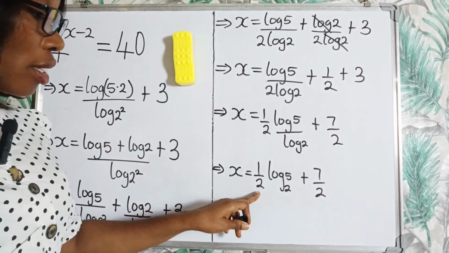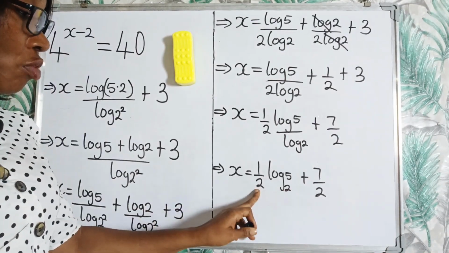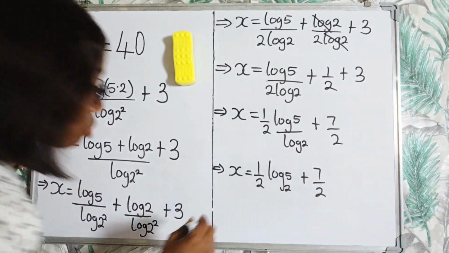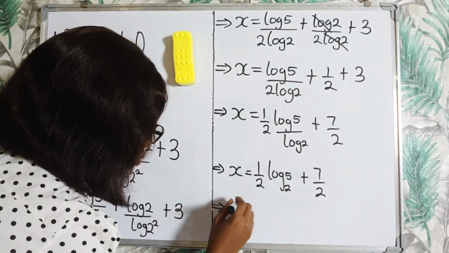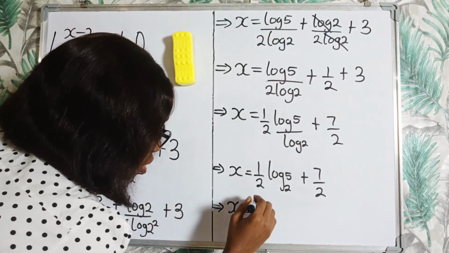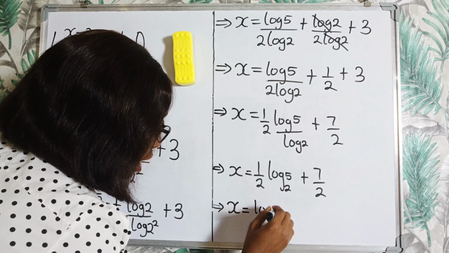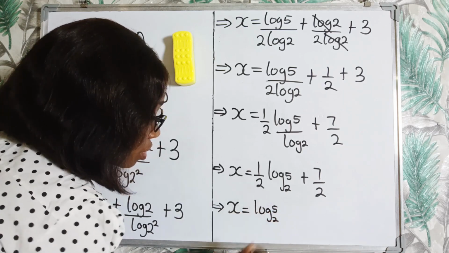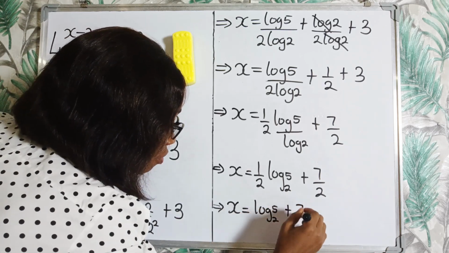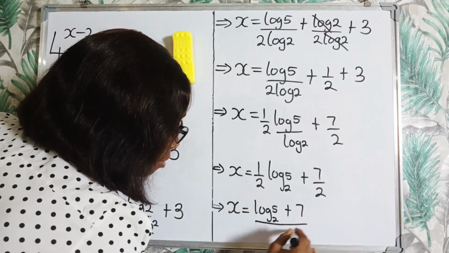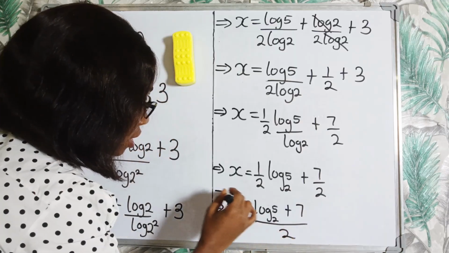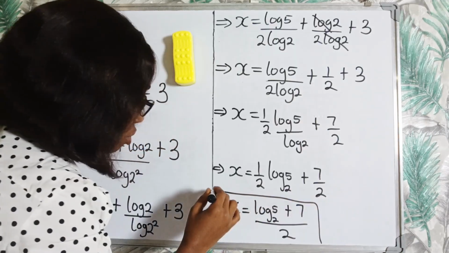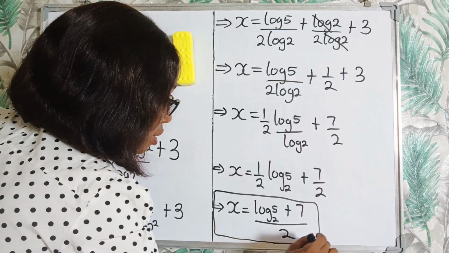Now, because they share a common denominator, we have 2 here, we have 2 here, so we can bring them together. So x now is equal to log 5 base 2 plus 7 divided by 2. Now, this is our value of x.